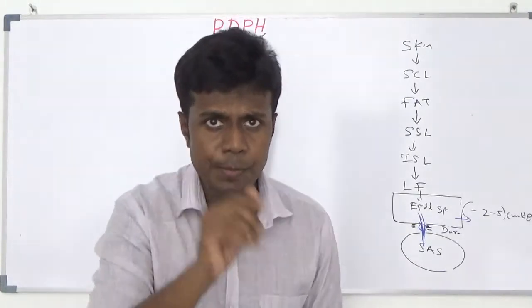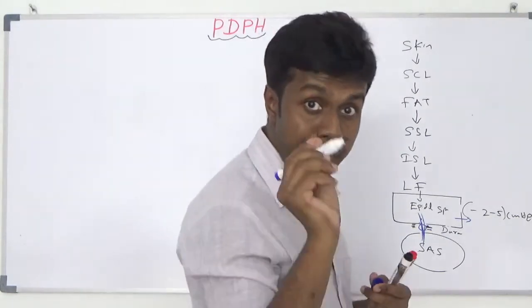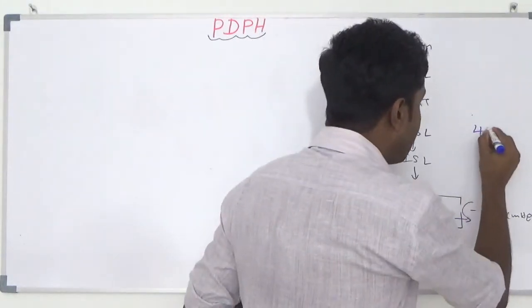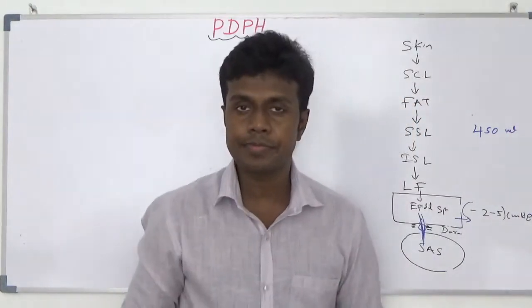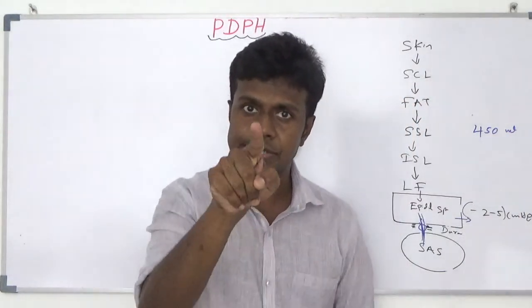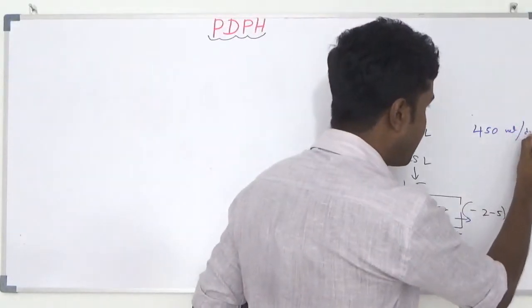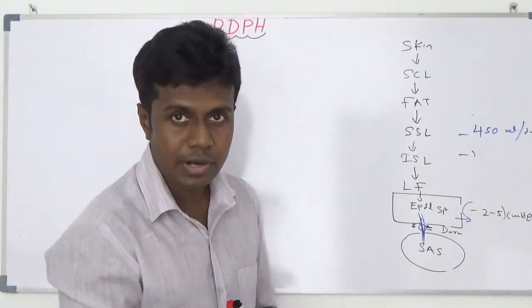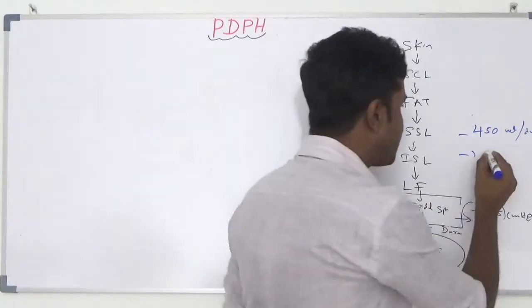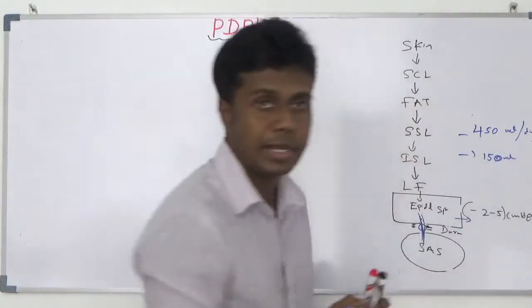How much CSF is produced per day? Roughly about 450 milliliters of CSF is produced per day. If I check your CSF volume right now, it is roughly about 150 milliliters.